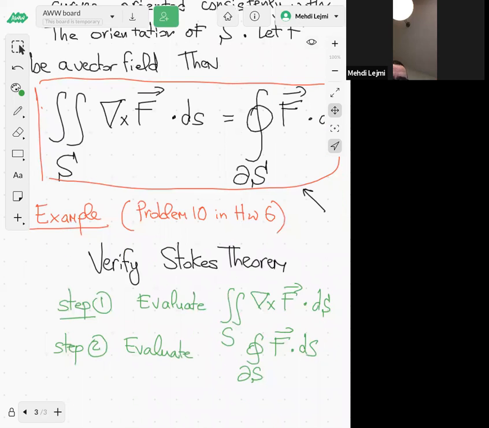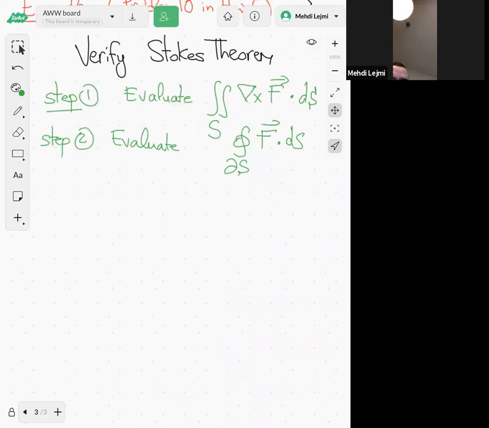So for step 1, I think we are done with the first step, but let me just remind you quickly how we can evaluate this surface integral. This was done last week, but I'm going to remind you again. So what's the example here?